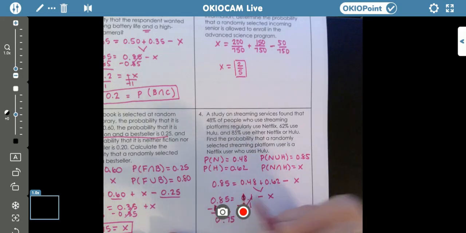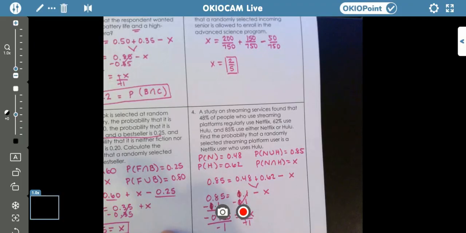I knew something was up. 1.1, and I get 0.25 minus, divide by a -1, I get X equals 0.25. So again, that was a 1.1. Sorry about that.